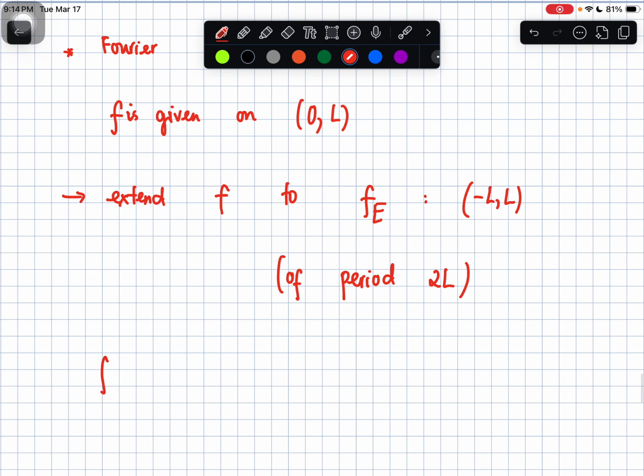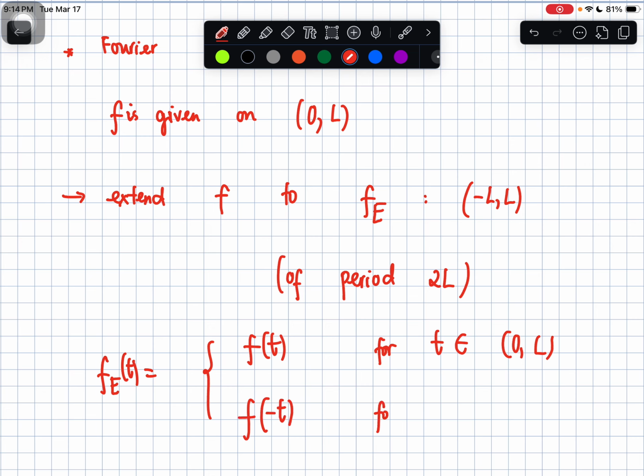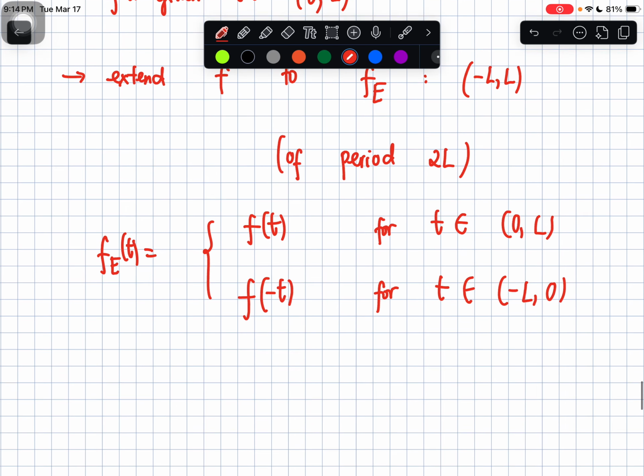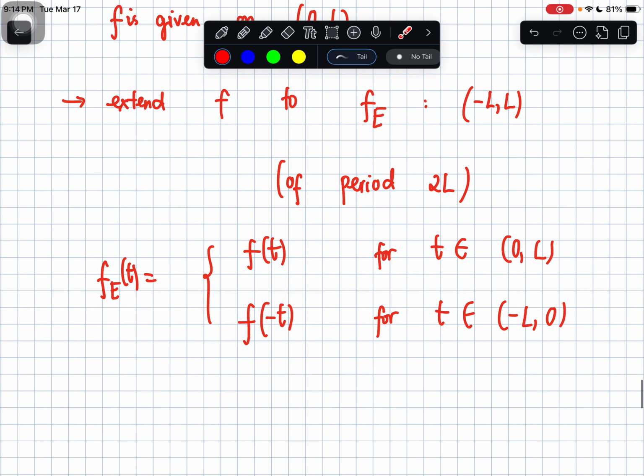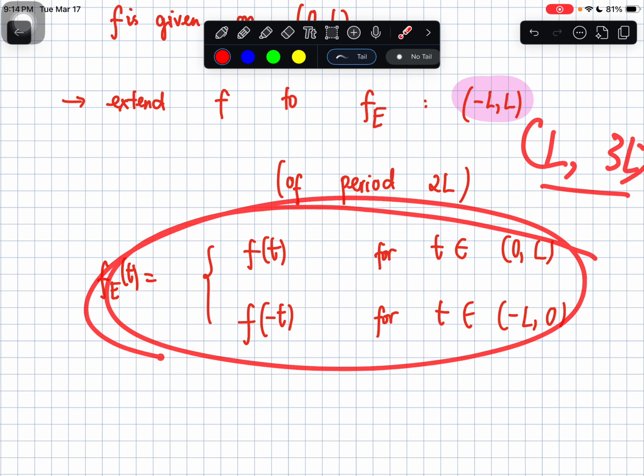So f even is defined as follows: f even of t is equal to f of t for t between 0 and L, and f of minus t for t between minus L and 0. So this is the definition for f even on the interval minus L to L, and for other intervals, for example from L to 3L, it will just repeat this pattern.